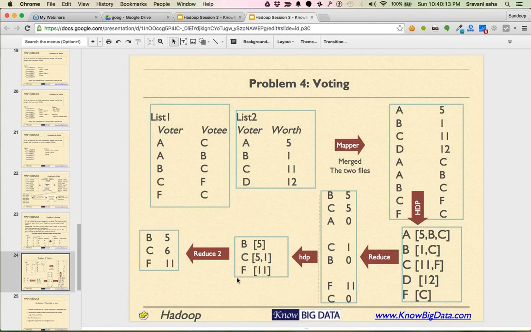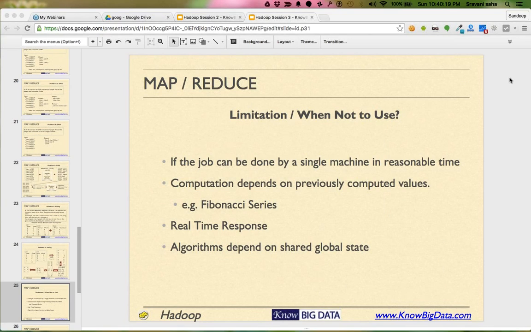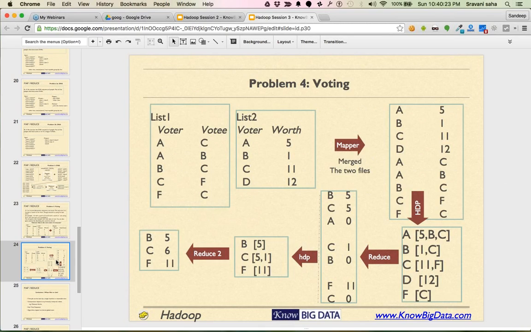As an exercise to all of us, please try to write the pseudocode or the actual code for all these 5 problems. I have just given a vague approach.